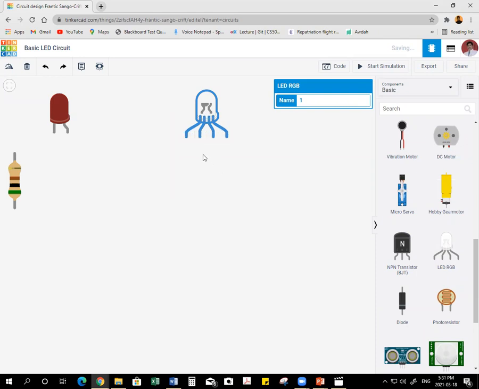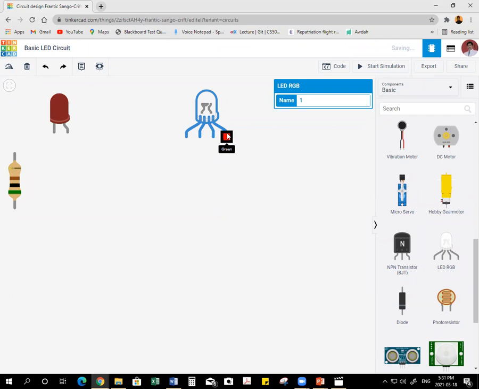For any component we need minimum 2 connections, positive and negative, or anode and cathode. Like this, it has 1 common cathode and 3 different color LED connections. The complete left side is for red, after the third one is blue, and the right one is green.